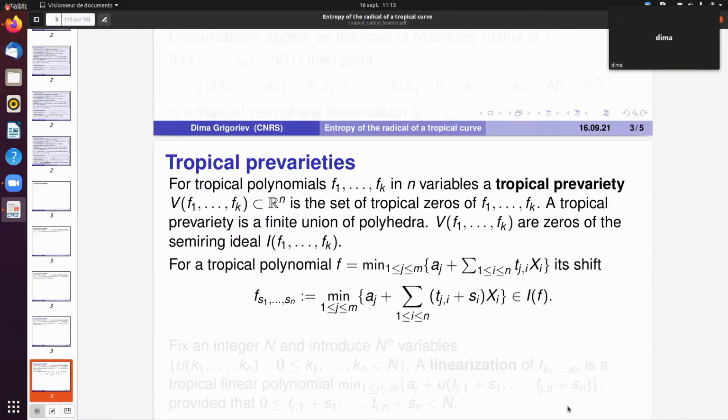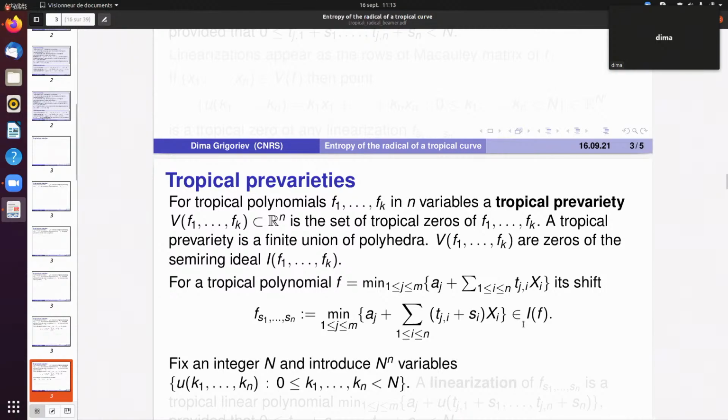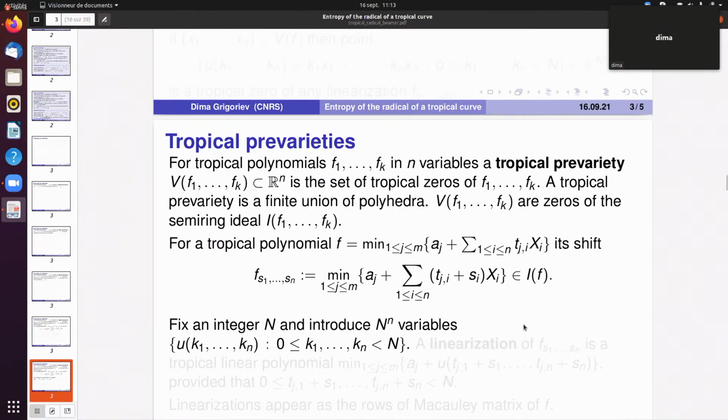And another important thing is that we need to define, similar to the classical case, the shift, which is just the multiplication by a monomial, as you can see from this formula, and it's again an element of the tropical ideal generated by a tropical polynomial. So we also need a concept which is standard in commutative algebra.